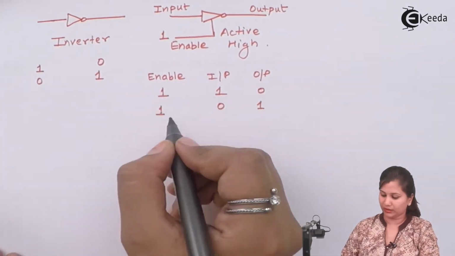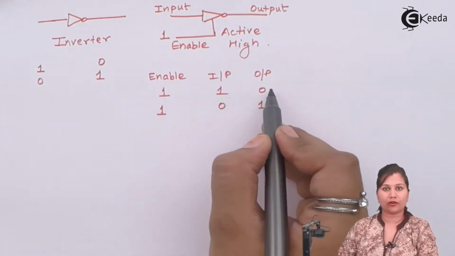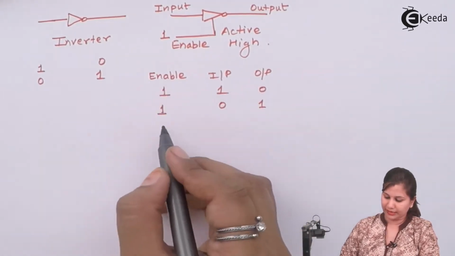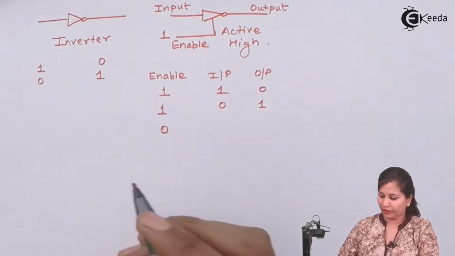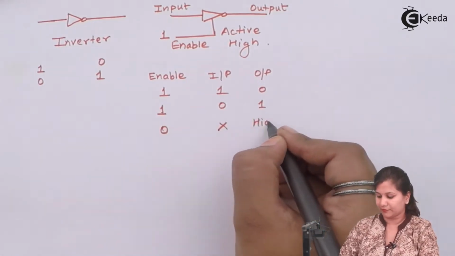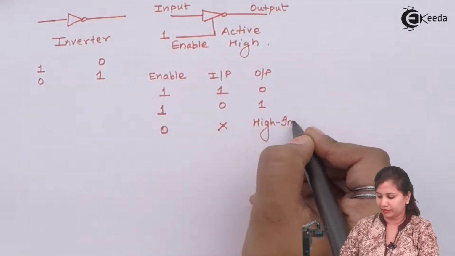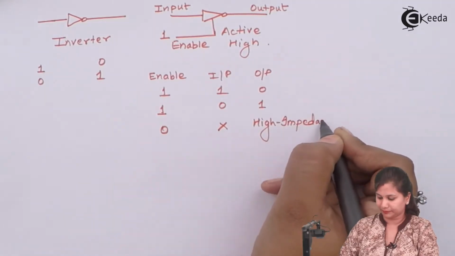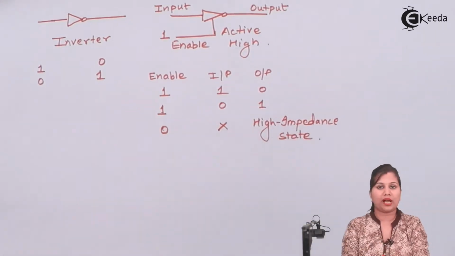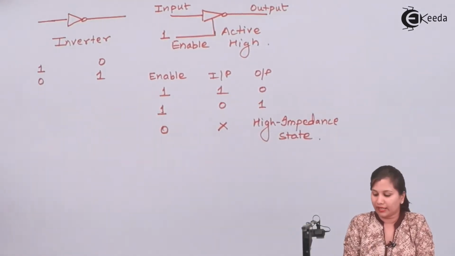Okay, when this is 1, then the reverse of the input we are getting as the output. Now if this enable line is 0, then whatever the input is, the device will be in the high impedance state. So this is how the tri-state logic devices work.